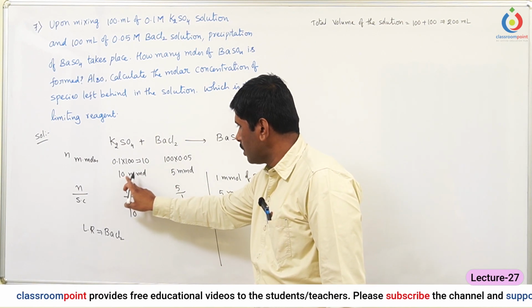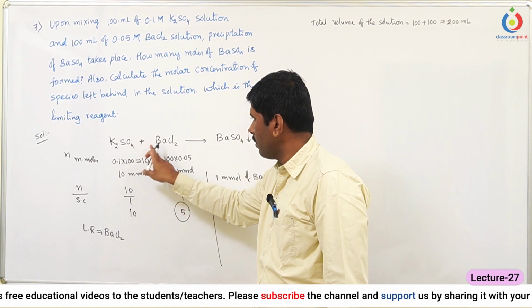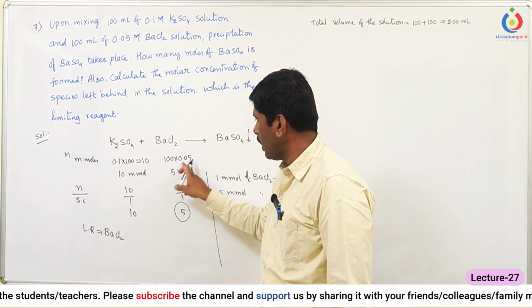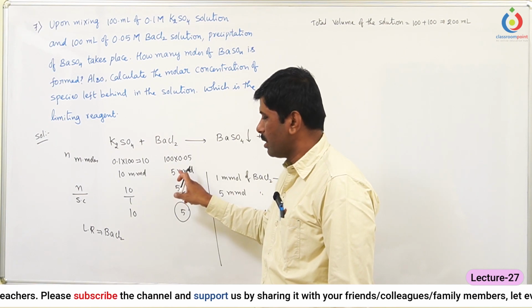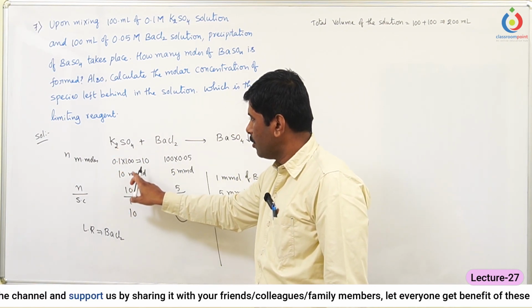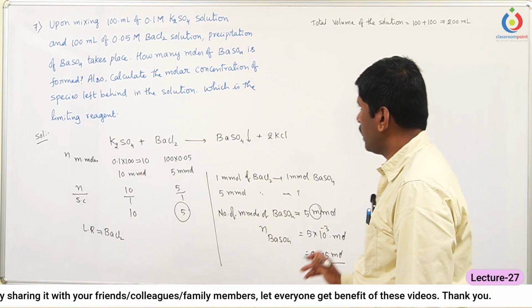See, 10 millimoles reacts with, according to the equation, 1 millimole reacts with 1 millimole. 10 millimoles must react with 10 millimoles, but only 5 millimoles are available. That means these 5 millimoles react with 5 millimoles of the potassium sulfate. So still 5 millimoles of potassium sulfate is available in the reaction.